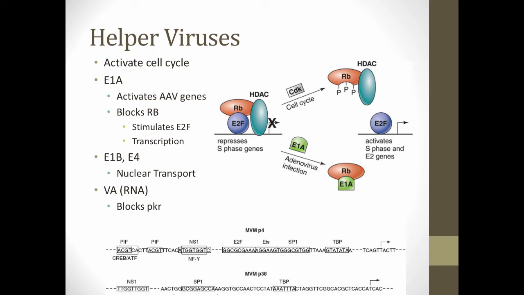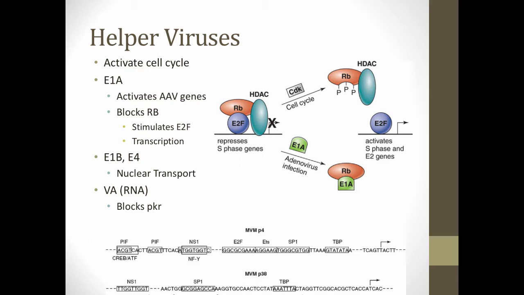So these, when they're all bound, they repress S-phase genes. When RB becomes phosphorylated by CDK, cyclin-dependent kinase, it dissociates, and then you get transcription of S-phase genes. So that's a normal, healthy cell cycle process.